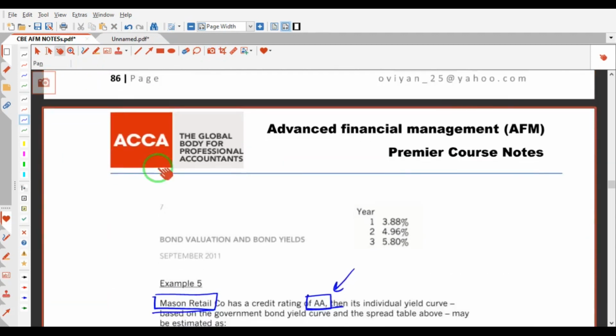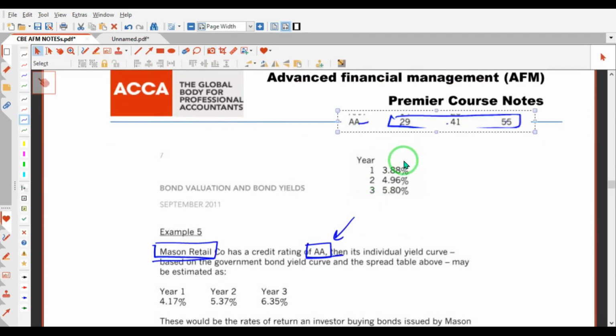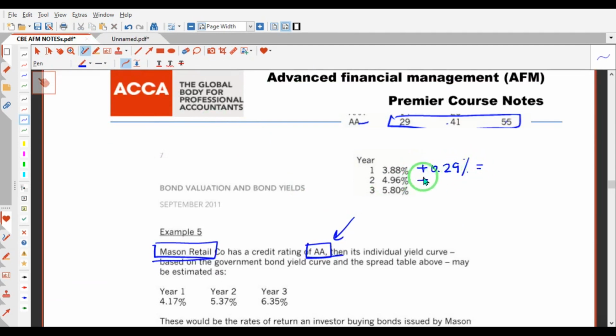This one I'm not showing in the CBE platform because it's so simple. So I'm just going to add 0.29%, giving you 0.41%, giving you, I think we can borrow this figure, 4.17.